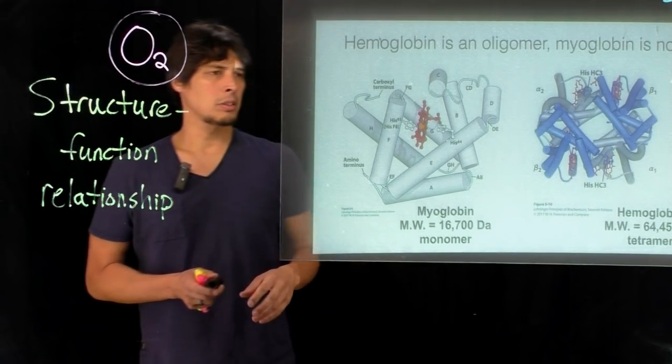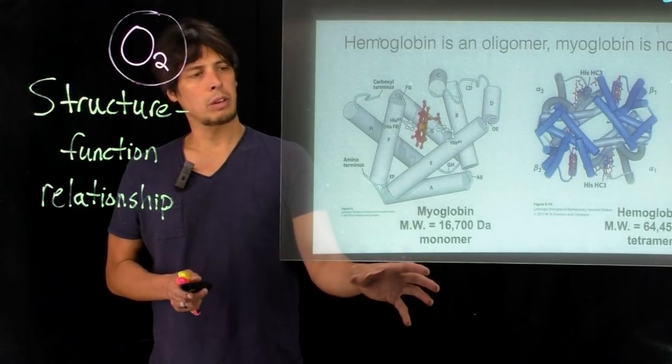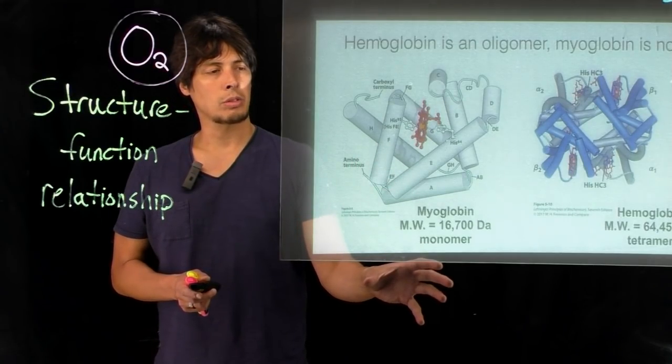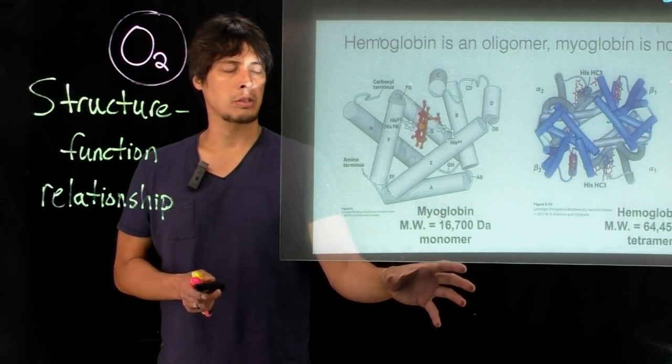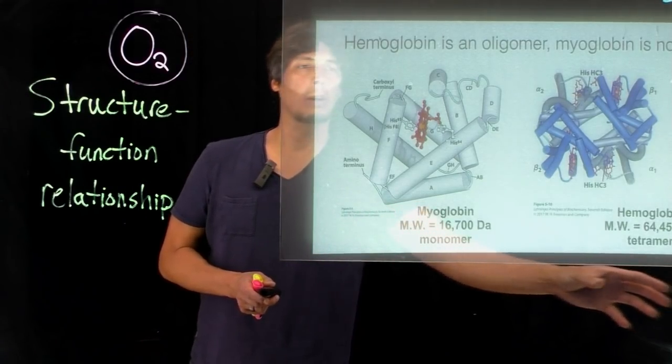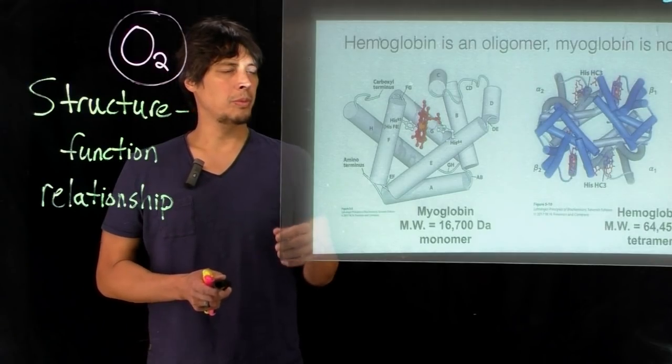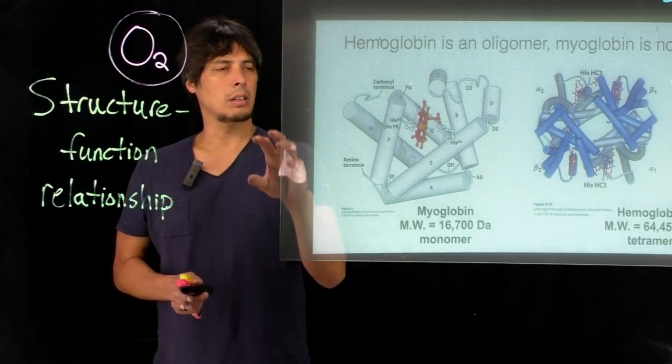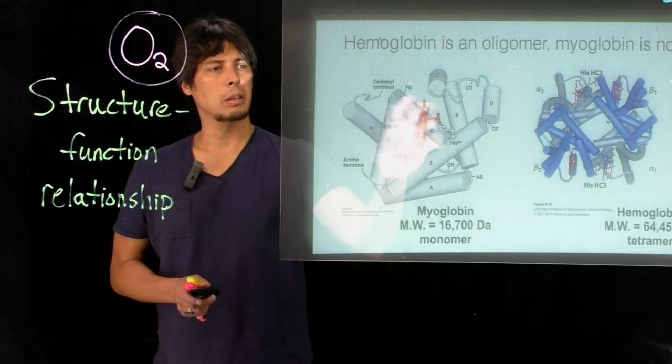If we look at the structure very quickly, these are structures obtained from X-ray crystallography of both myoglobin here on the left and hemoglobin on the right. What's interesting is that we have what's called a ligand binding site in the middle.